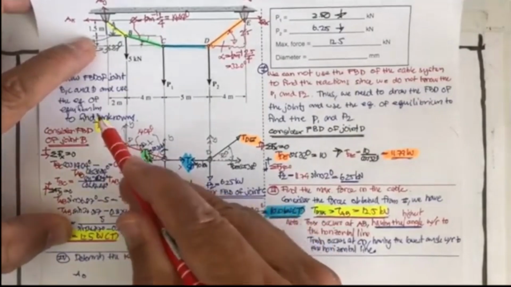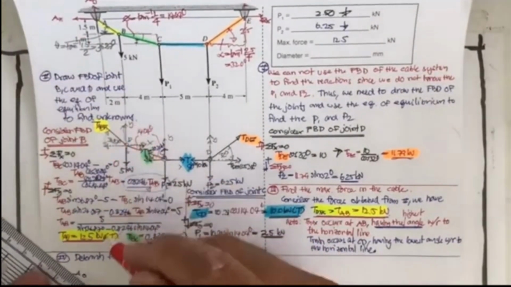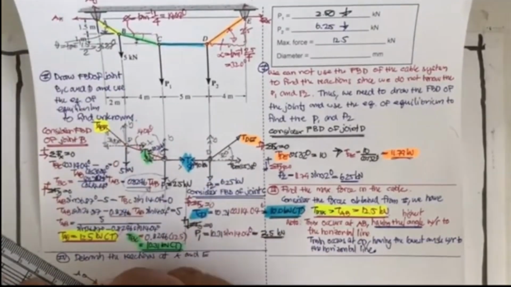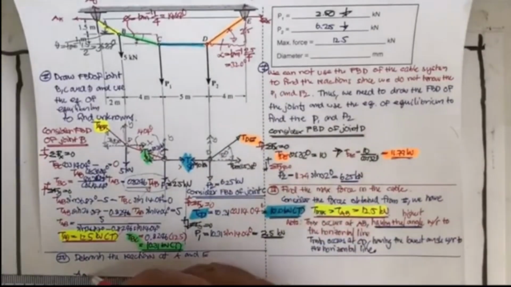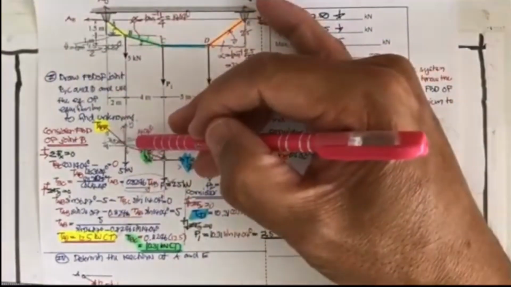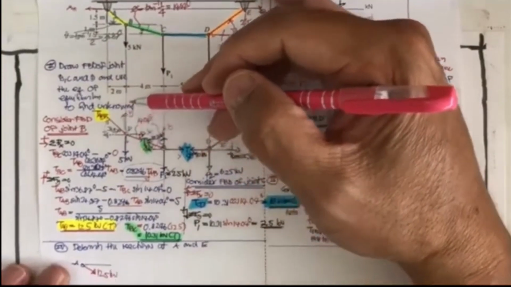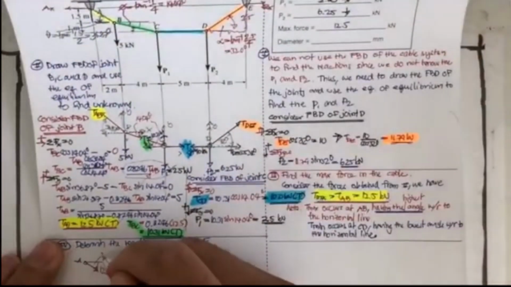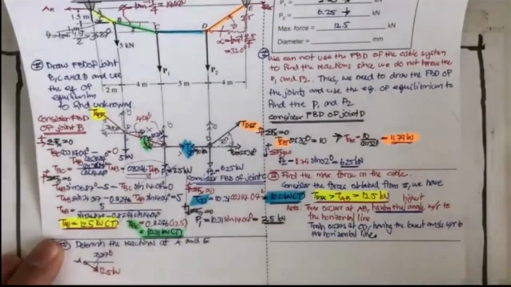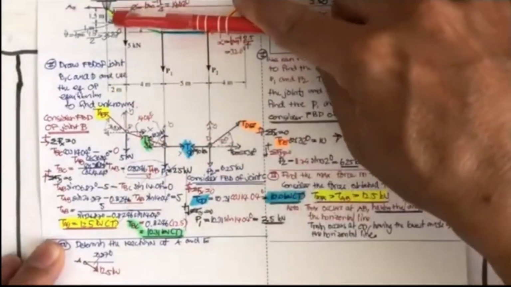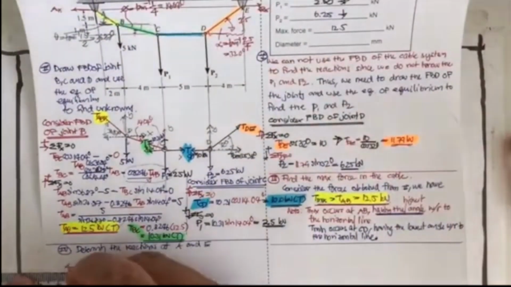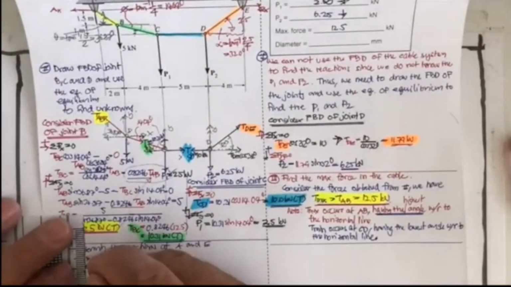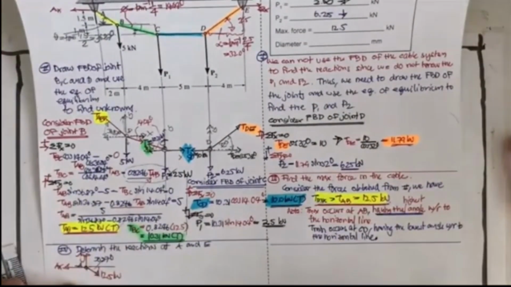Since this force is pointing up, at this joint you have this 12.5 kilonewton, and since the angle here is 36.87 degrees, you may have this A sub x and A sub y.